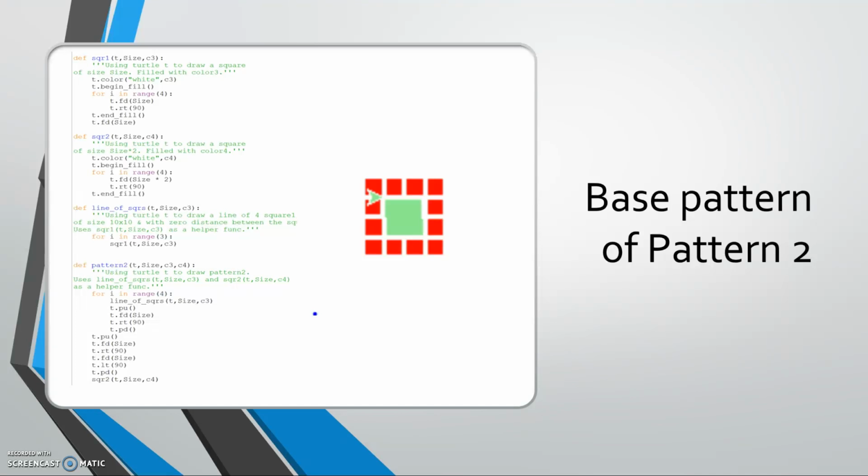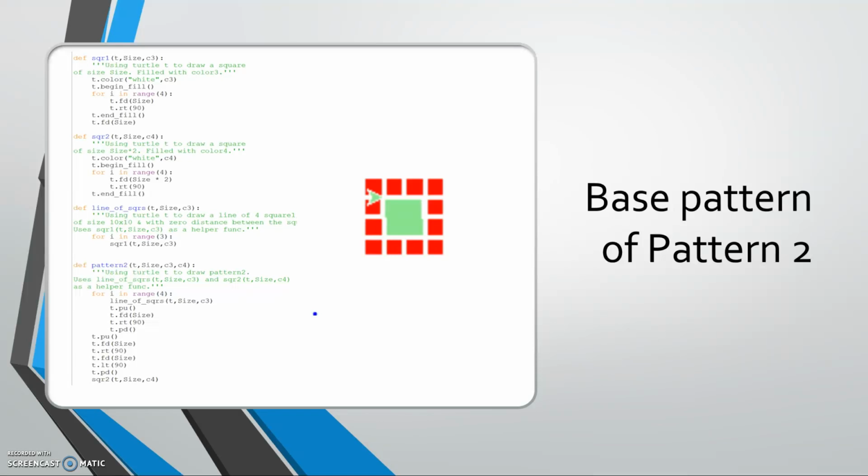For square 1, the turtle will draw a square of size and fill it with color 3. So as usual, I start the turtle, let it begin fill, and let it draw a square, and it will end fill in the end, and it will be filled with red color.